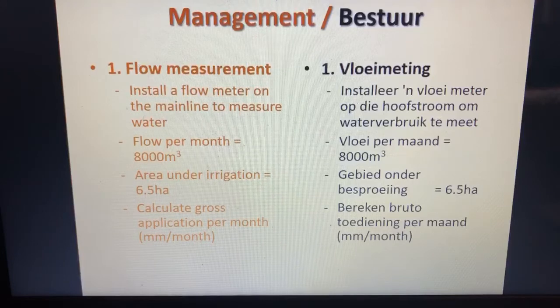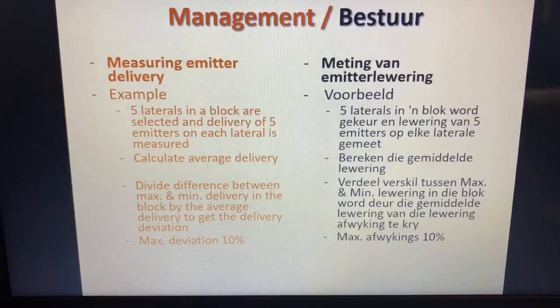So it's a physical meter that you put on the main line, and you can measure the volume of water that you are delivering, and you can take the area and then calculate the gross application per month. So how many millimeters depth-wise are you giving per month to your crops with a certain volume under a certain amount of area.